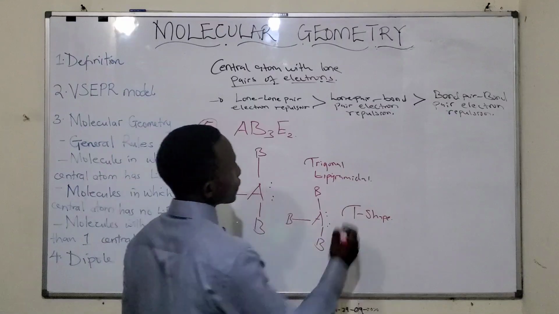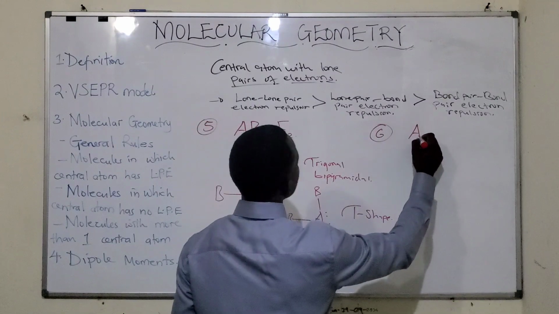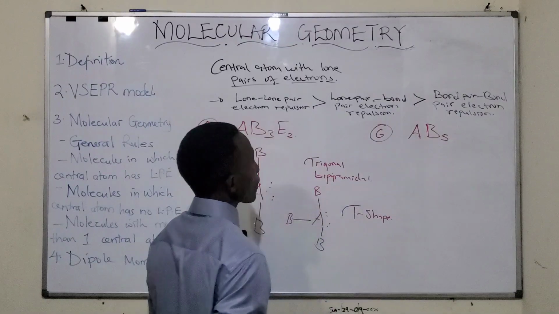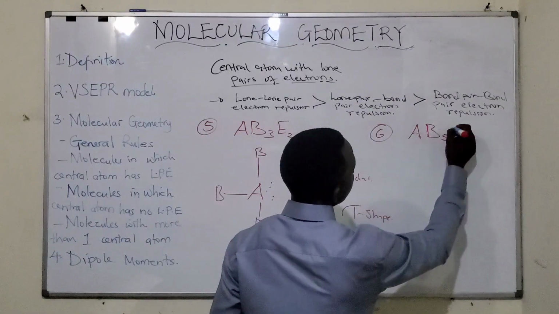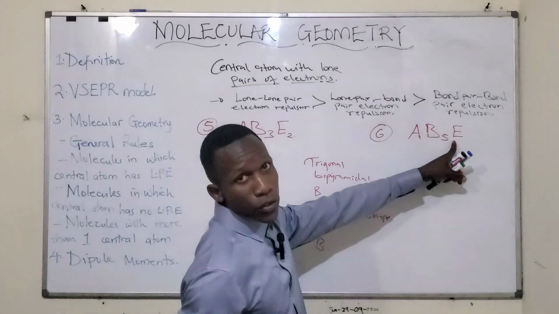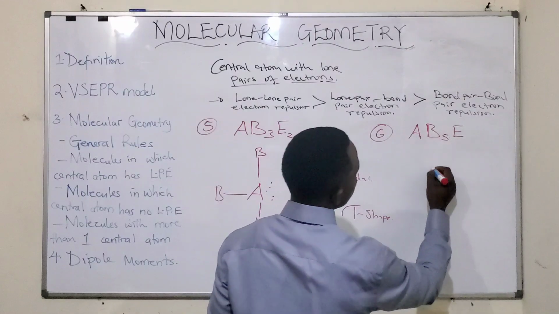There's another structure, for example, if a central atom is connected to 5 other atoms with one lone pair of electrons. So this one will be like this.